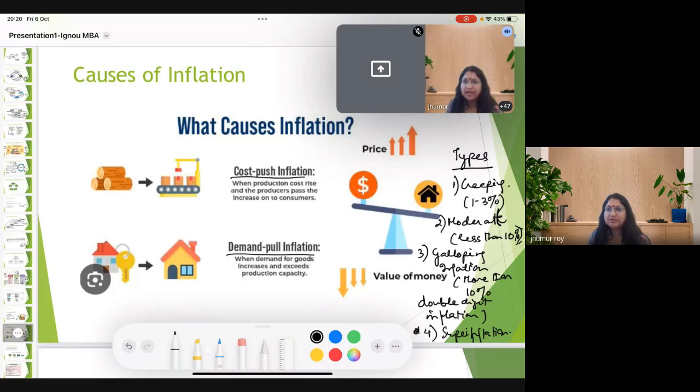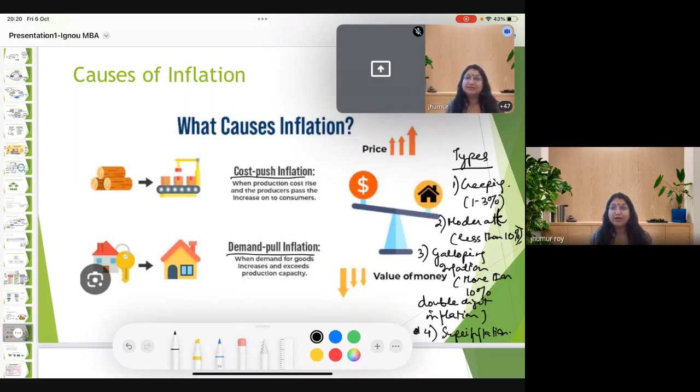They give the example of Germany. In Germany, at one point of time, the inflation rates were so high that you had to take a truck full of money to buy one loaf of bread. So you wanted to buy one bread, you needed a truckload of money.